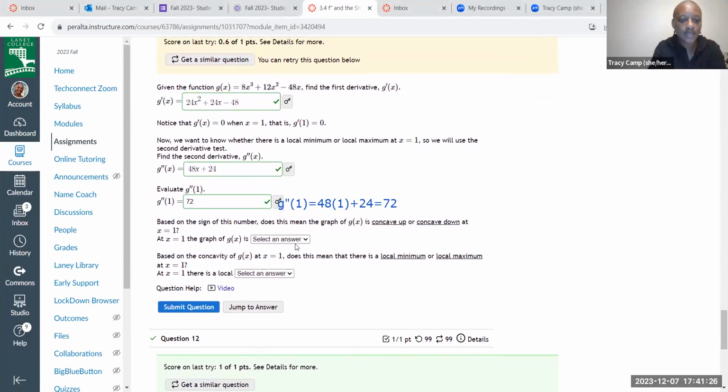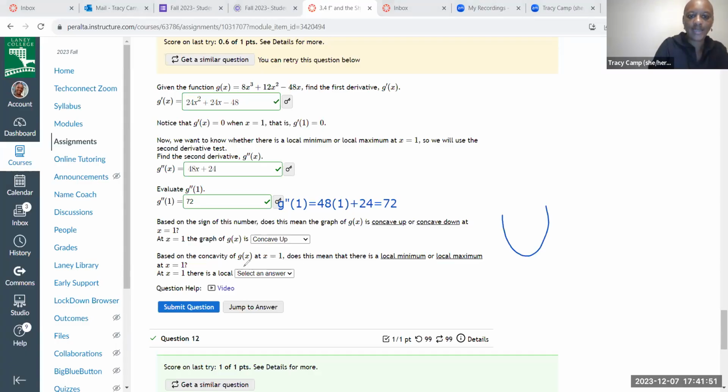So from here, it says based on the sign of this number, does this mean that the graph is concave up or concave down? So what I wrote in the previous problem, when the second derivative is positive, the graph is concave up. 72 is a positive number, so the graph is concave up. And remember, concave up means that the graph kind of looks like a smile.